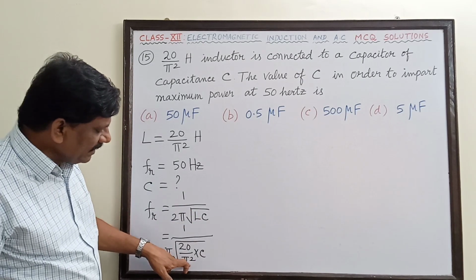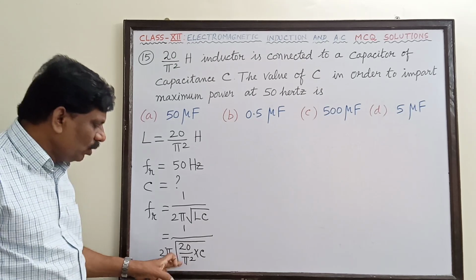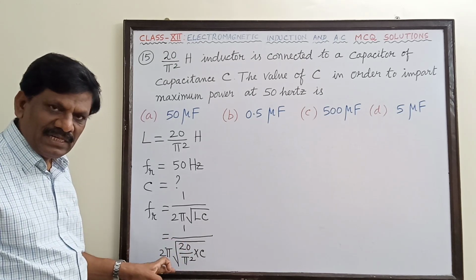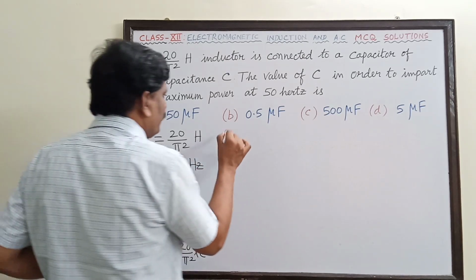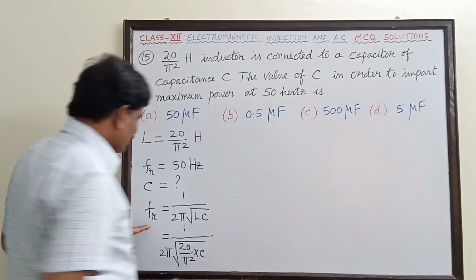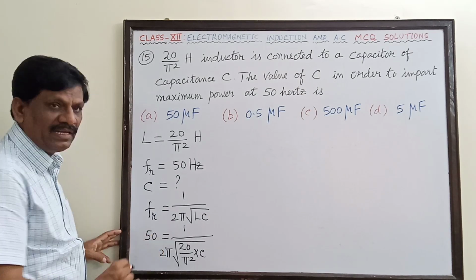Now pi square is in the denominator, is it not? And also inside the square root. So root of 1 by pi square, so this pi term will come out. Therefore now resonant frequency also we can substitute. What is the resonant frequency given? 50.